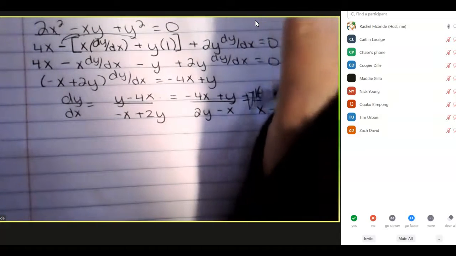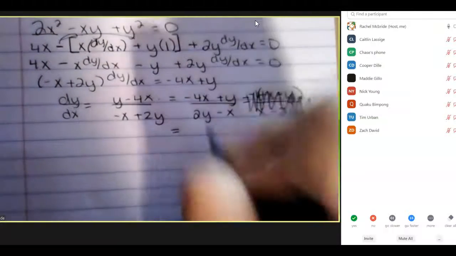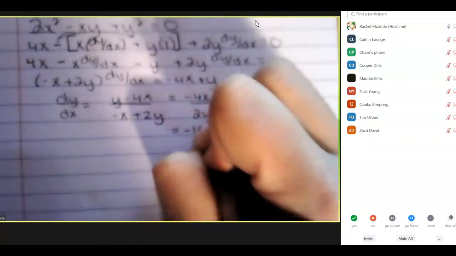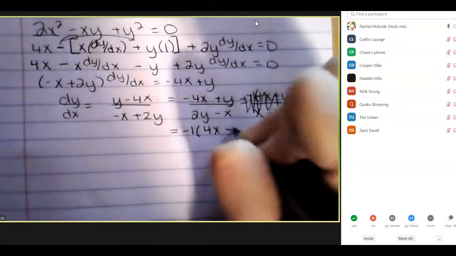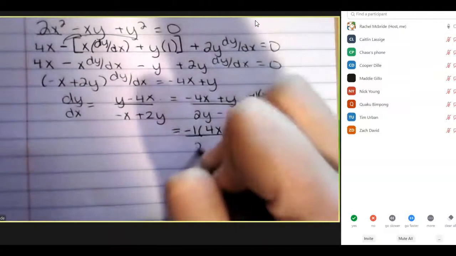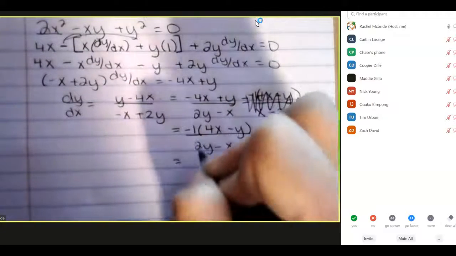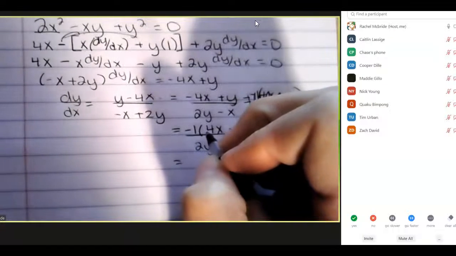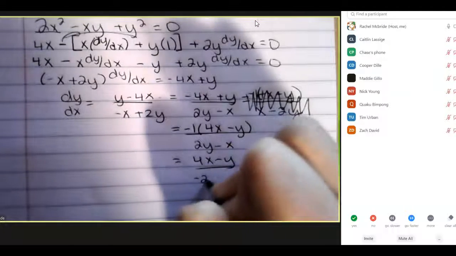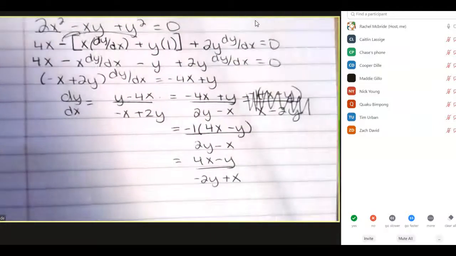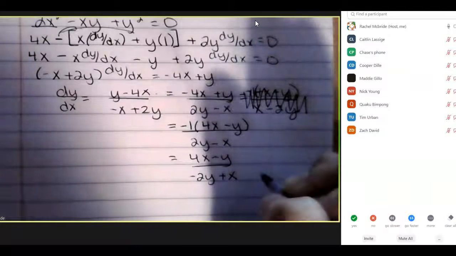If you bring out a negative 1 on top, that would give you a positive 4x minus y over 2y minus x. You could distribute that down. So a whole bunch of different ways to move and manipulate.